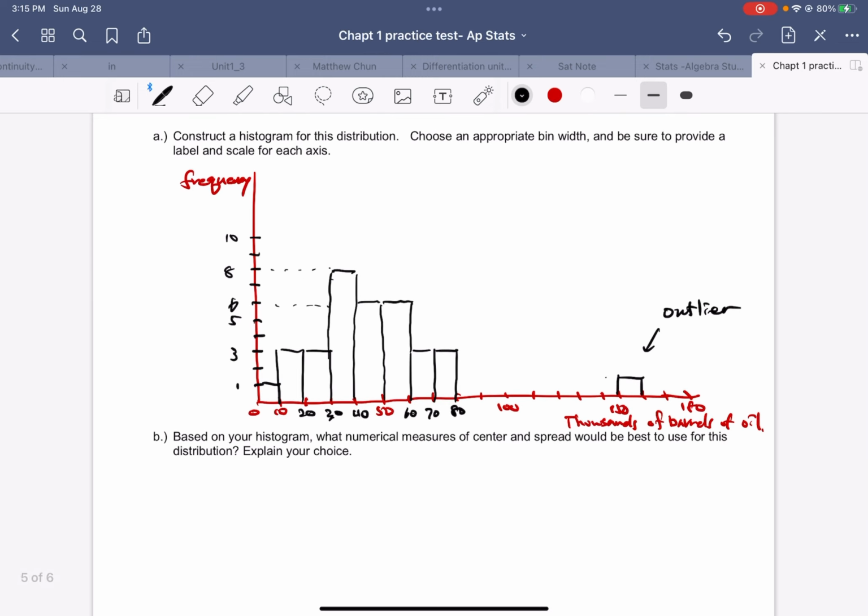Now, based on your histogram, what numerical measures of center and spread would be best to use for this distribution? Explain your choice. Okay. One thing I noticed is there's an outlier, and it looks slightly skewed to the right, right? And this outlier. So if it's not symmetrical, then mean is not good.